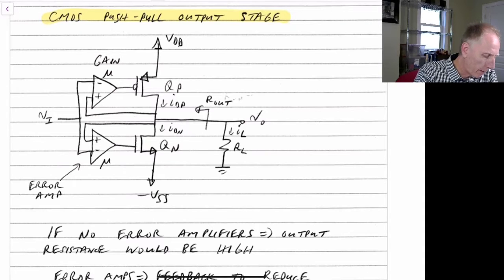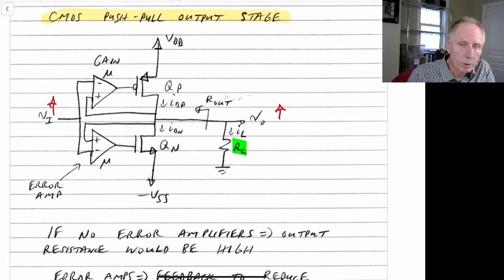So as Vi, let's say that our impedance here is fairly low. So let's say that our load is 8 ohms. And we all of a sudden increase Vi. So Vi here goes up. We'd like this voltage here to also go up. So let's say it's supposed to go up to 10 volts. Then as this voltage is going up, this voltage will actually drop and it will pull more current through there.